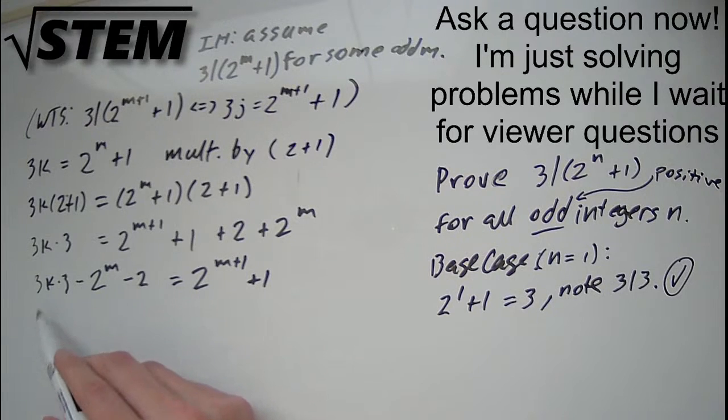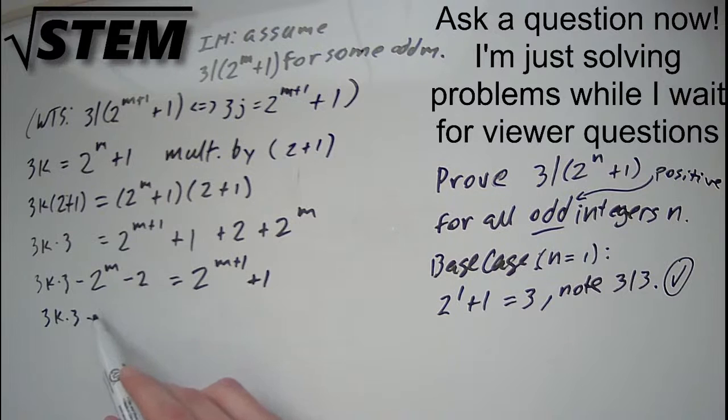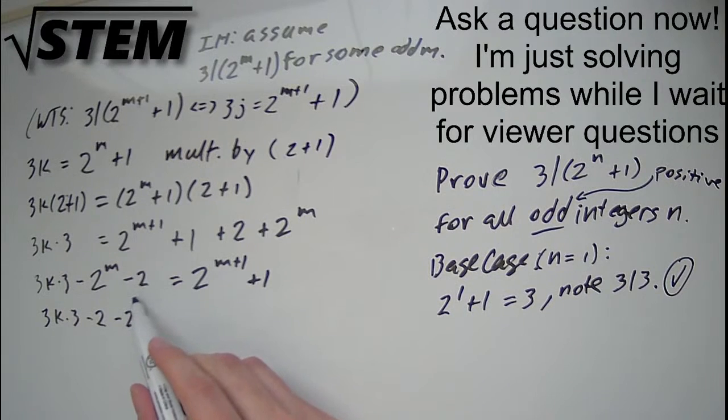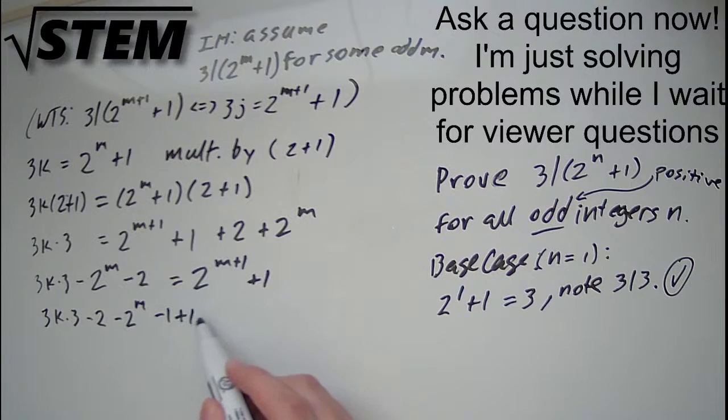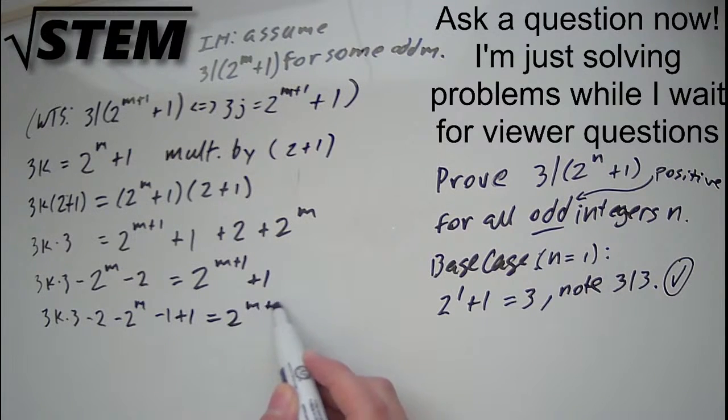So 3k times 3 minus 2 minus 2. Oh, also, that's negative. Hold on. Minus 1 plus 1 equals 2 to the m plus 1 plus 1.